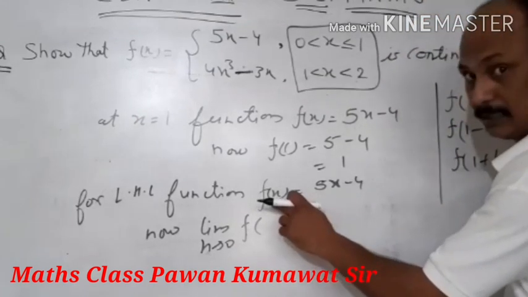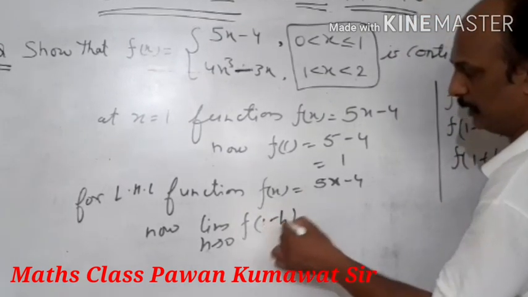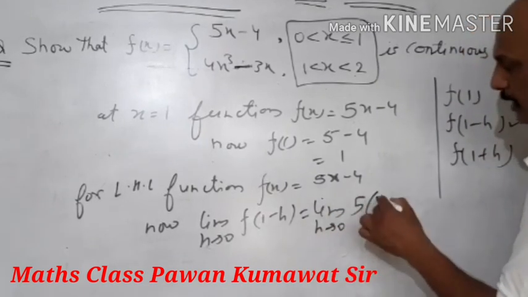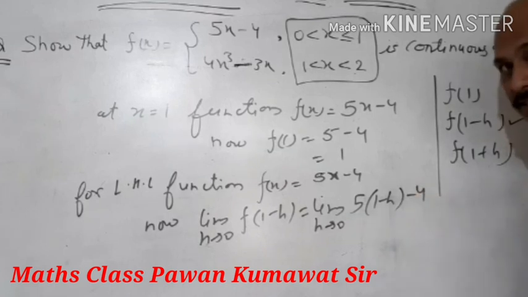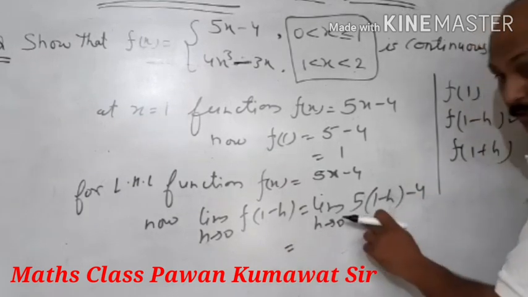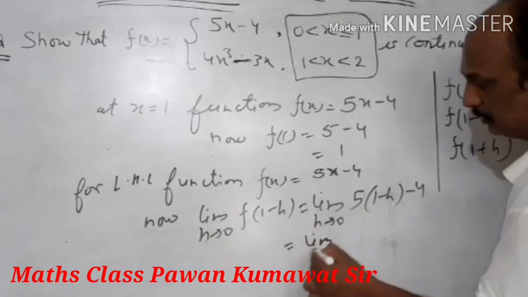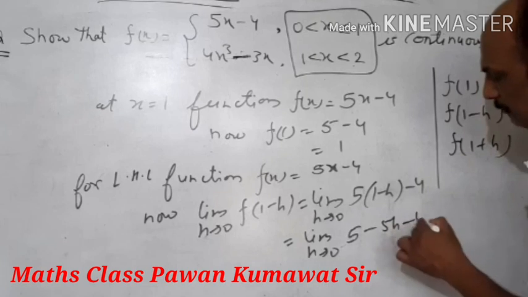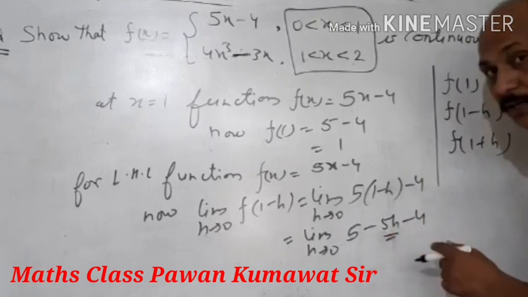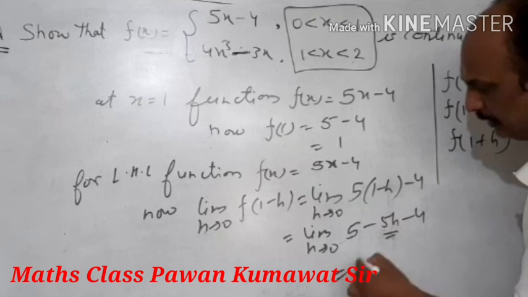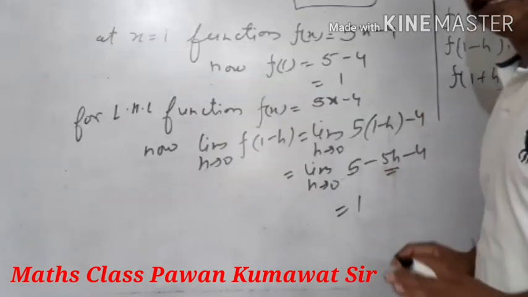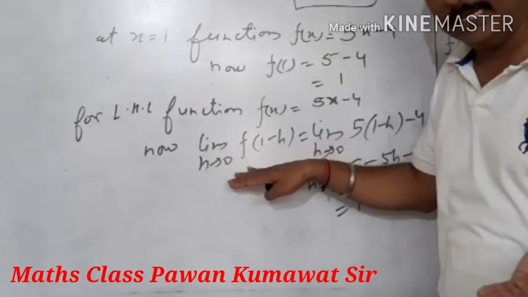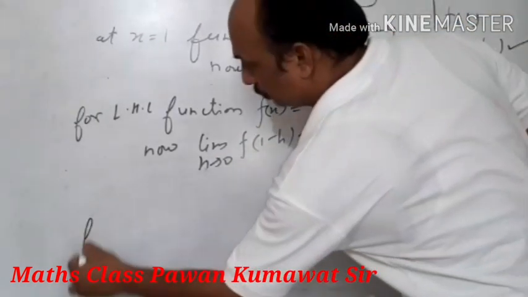We put here in place of x, 1 minus h, with limit h tends to 0: 5(1 minus h) minus 4. We solve the bracket: limit h tends to 0, 5 minus 5h minus 4. Put the value of h as 0, then it is 1. Is that clear? This is the LHL.